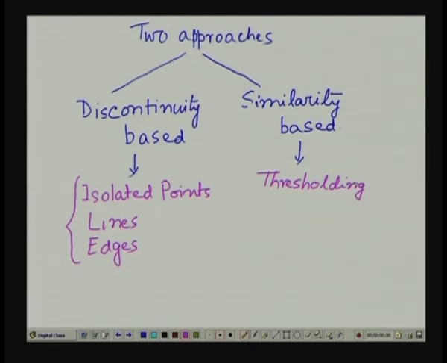As we have already said, if every pixel is coded with 8 bits, then we can have intensities varying from 0 to 255, and we can decide a threshold following some criteria.